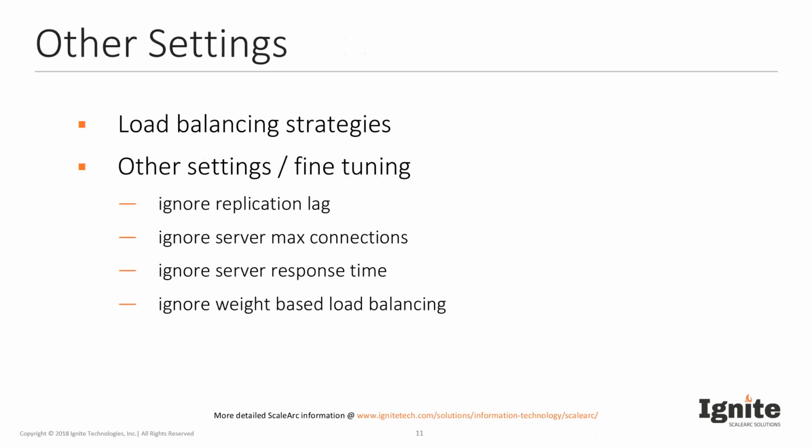So going further, there are a few other settings that are worth mentioning here once we're talking about load balancing, and first of them is the load balancing strategy. There are two strategies that ScaleArc has. One is a dynamic strategy, which is on by default, and the other one is the round robin strategy.